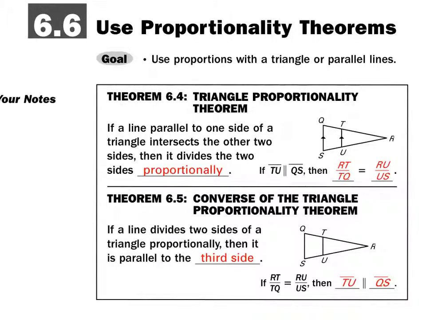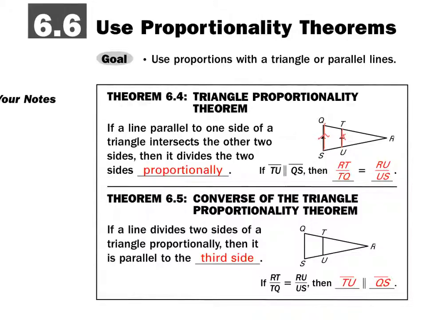Proportionality theorems. First of all, the triangle proportionality theorem. It says that if this line, TU, is parallel to the bottom line of the triangle, QS, then it bisects the other two sides of the triangle. And because they are parallel, and that's really important, it cuts the two sides proportionally.